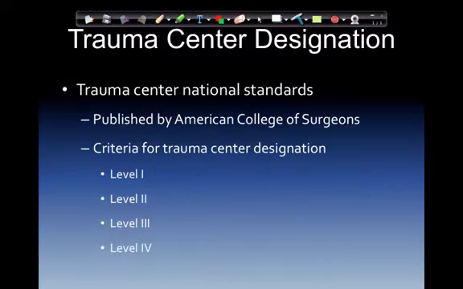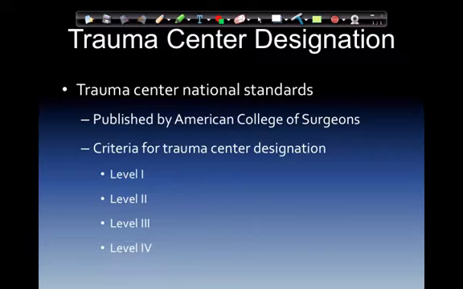Trauma center designation. National standards are published by the American College of Surgeons, with criteria for trauma center designation. Level 1 is 24-hour in-house general surgery, intervention, and specialty care. A Level 2 has 24-hour immediate care by trauma surgeons as well as specialty care.